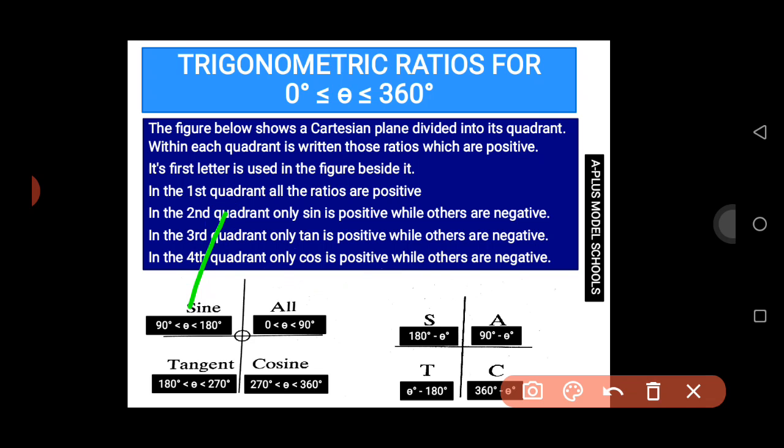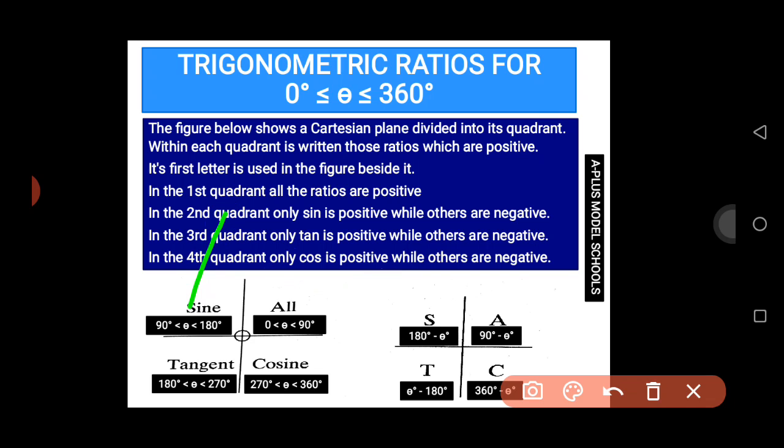But if I'm given cos 100, it will be negative. Why? Because cos is negative in the second quadrant, and 100 falls in the second quadrant.